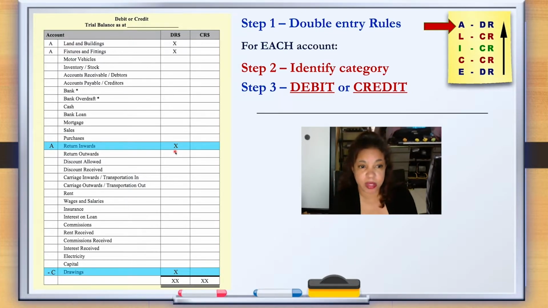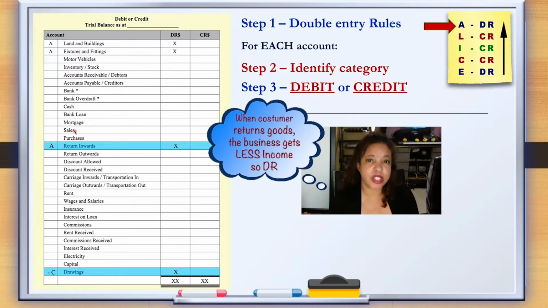Another way that you could have looked at it is that sales is income, right? But when the goods are returned to you, that is like losing income. You have less income that you're going to get in the future because they returned it. They no longer have to pay. You are no longer going to receive that income. So if you look at it as income that has decreased, you lost income, then it will be the decrease in income, which is a debit.